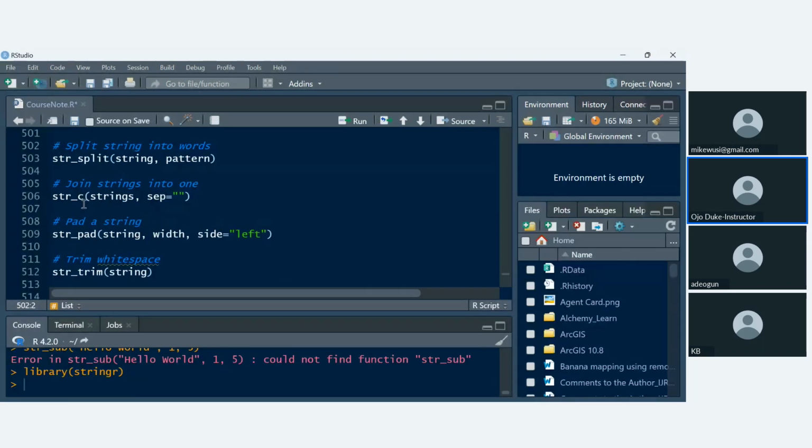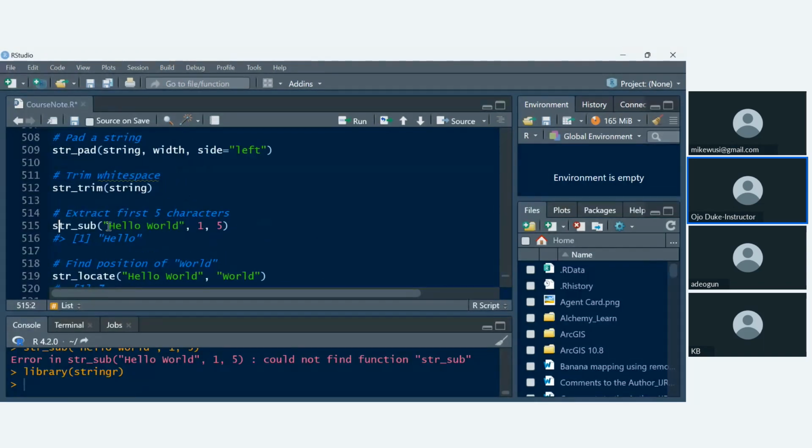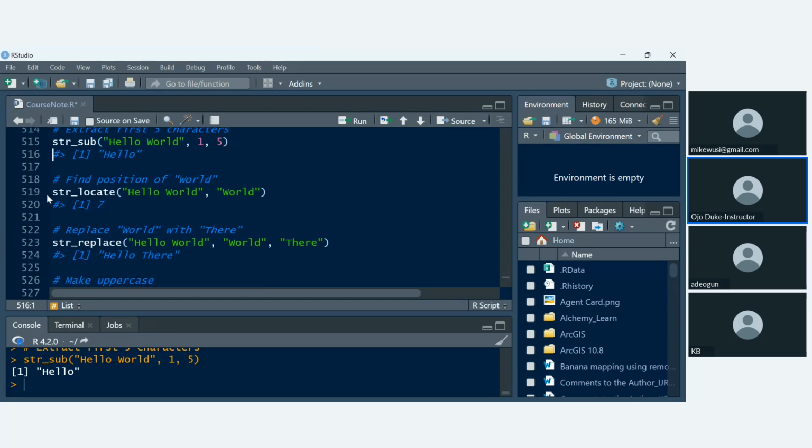Maybe I deleted it. Okay, this is it. So if we run this now, it gives us hello. The first character is h, and the fifth is o, giving us hello.